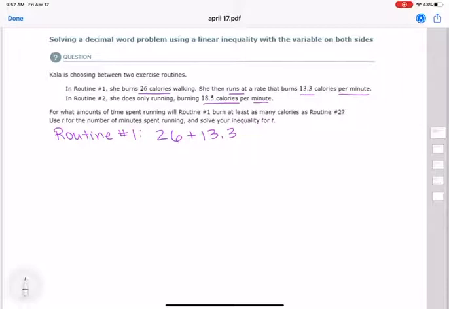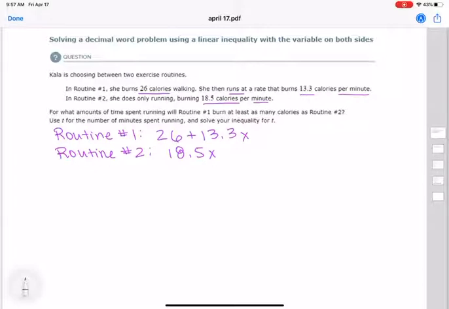We'll just say 13.3X, so that's per minute. For routine 2, it's only running, so we don't have any of those walking calories to put in. The rate is just 18.5 calories per minute, so 18.5X. All right, so we made some sense of the numbers.